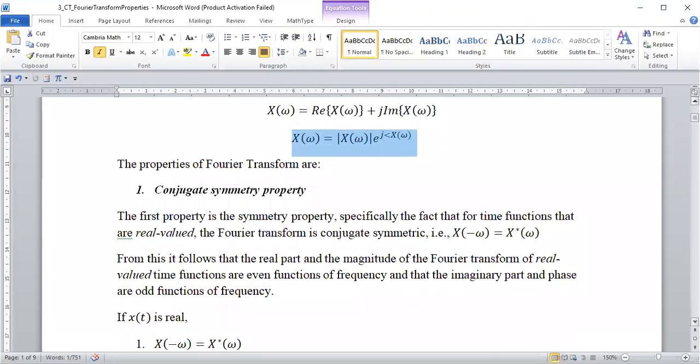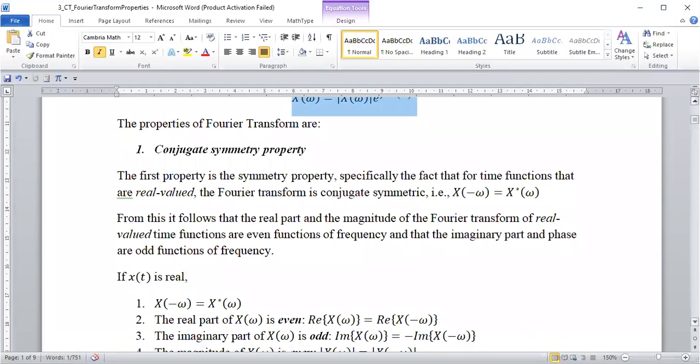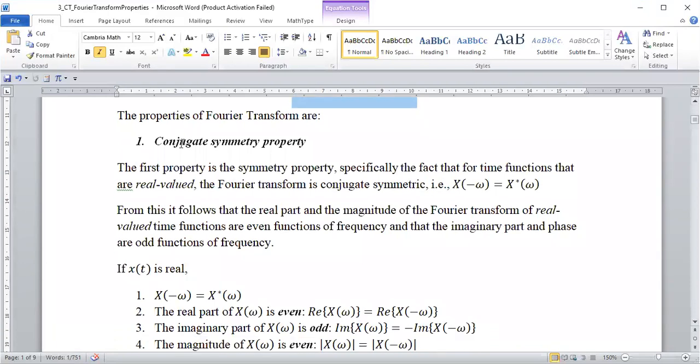We want to consider the properties of the Fourier transform. The first property we'll consider is the conjugate symmetry property. This property simply says that if X of omega is the Fourier transform, then X of minus omega is equal to the conjugate of X of omega, and that's for real valued signals.